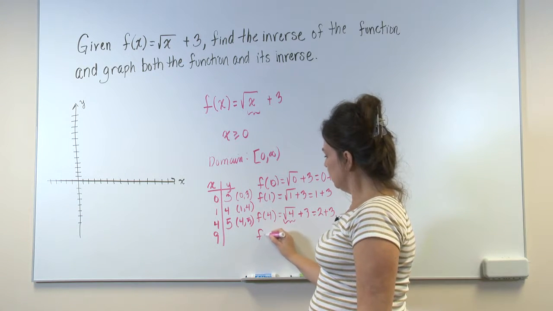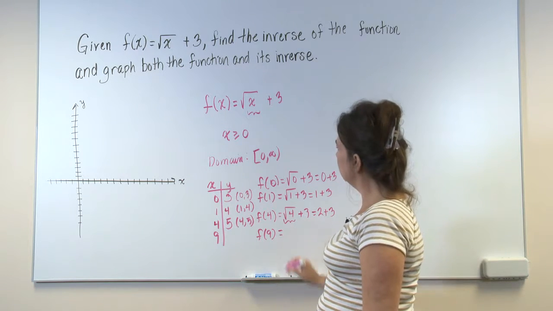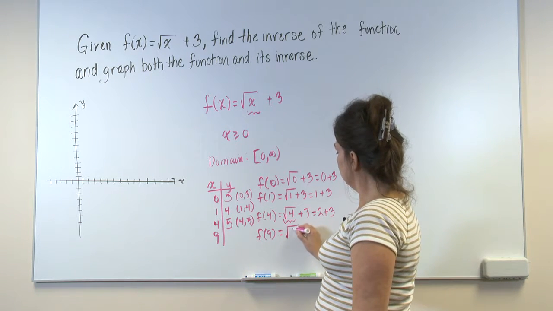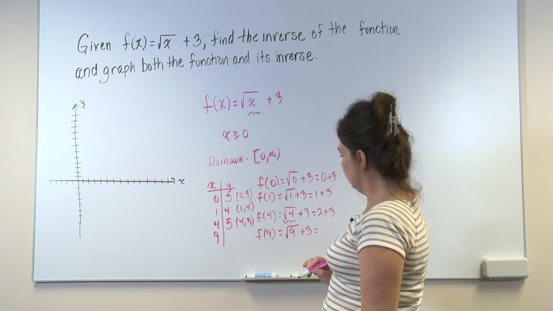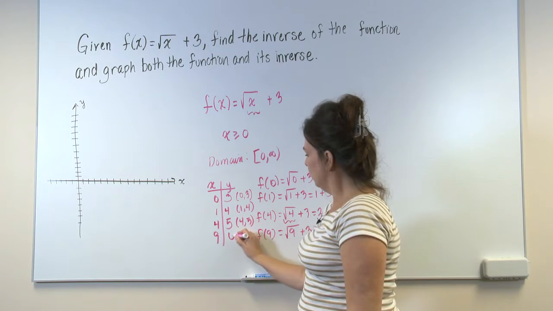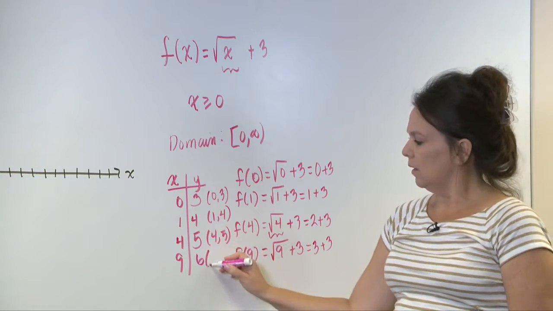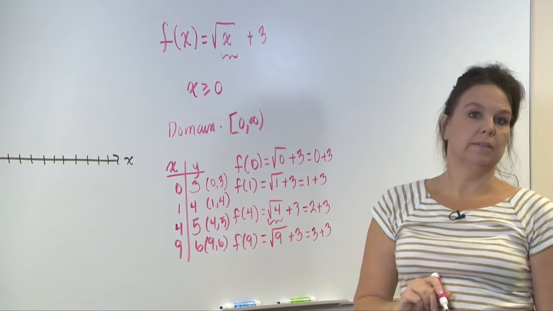And the last one I selected is 9. So if I plug in 9 into the function, we have the square root of 9 plus 3. The square root of 9 is 3 plus 3 for a total of 6. And our fourth ordered pair is 9, 6.